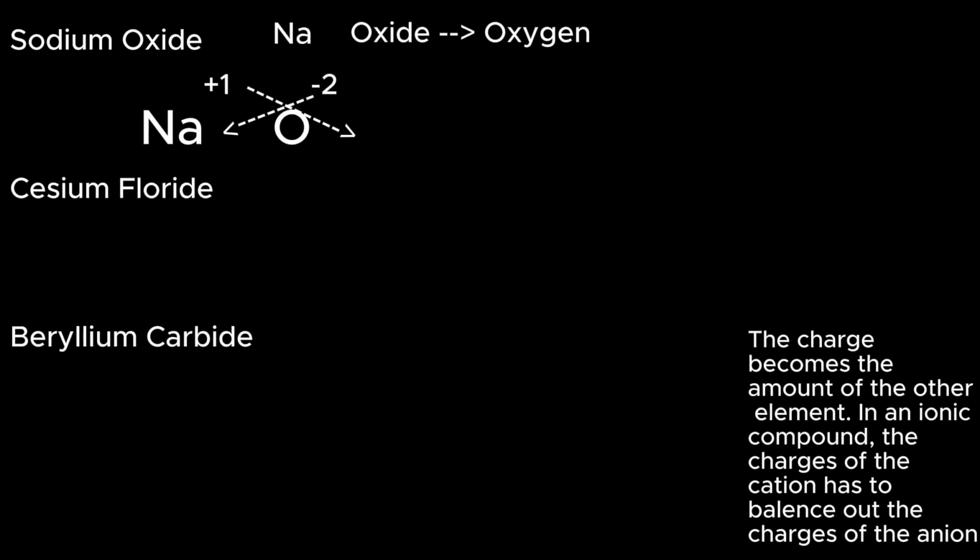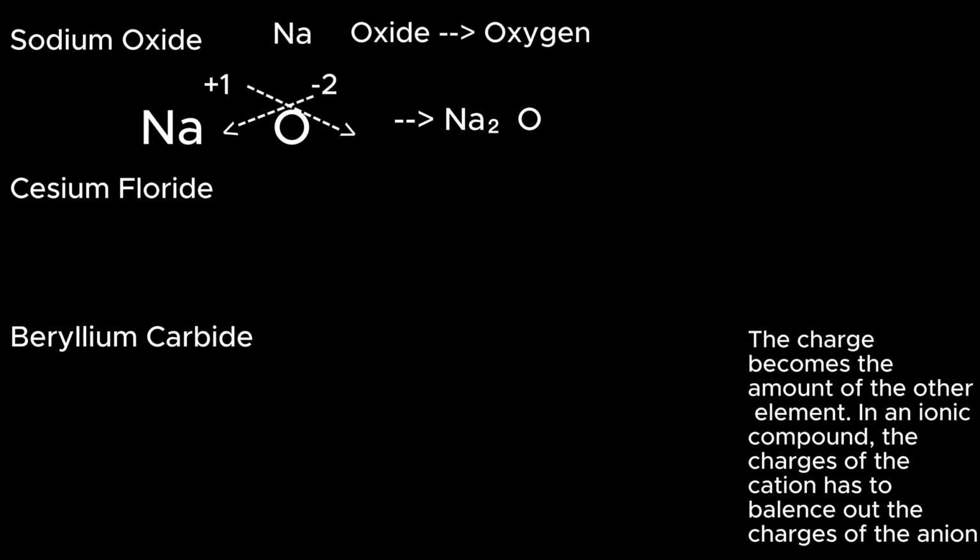And then your final product is going to be Na2, because you get the 2 from the oxygen's oxidation number, and then just oxygen, because the single oxygen kind of implies that there's a 1. So sodium, there's a 2, and then oxygen.